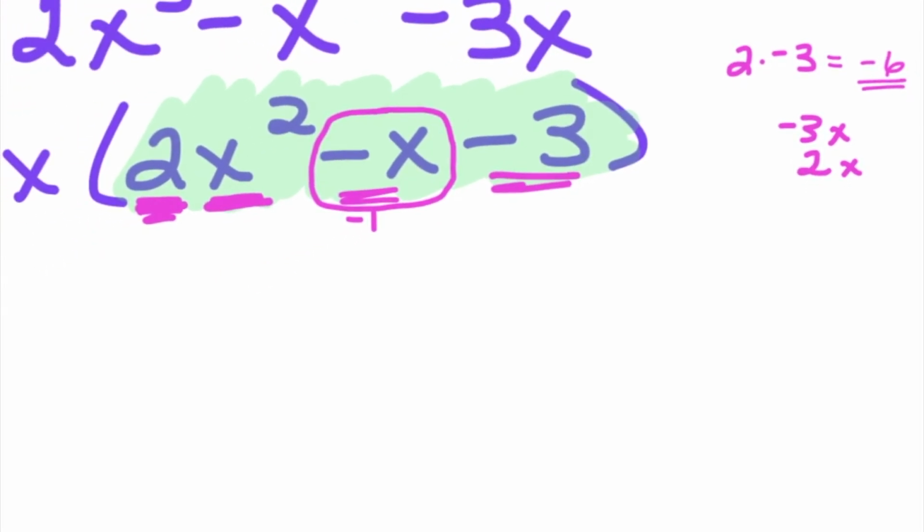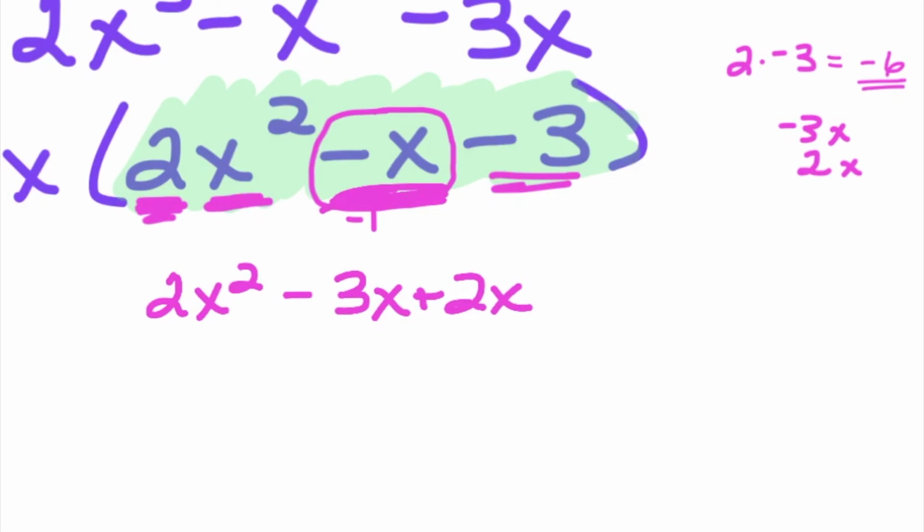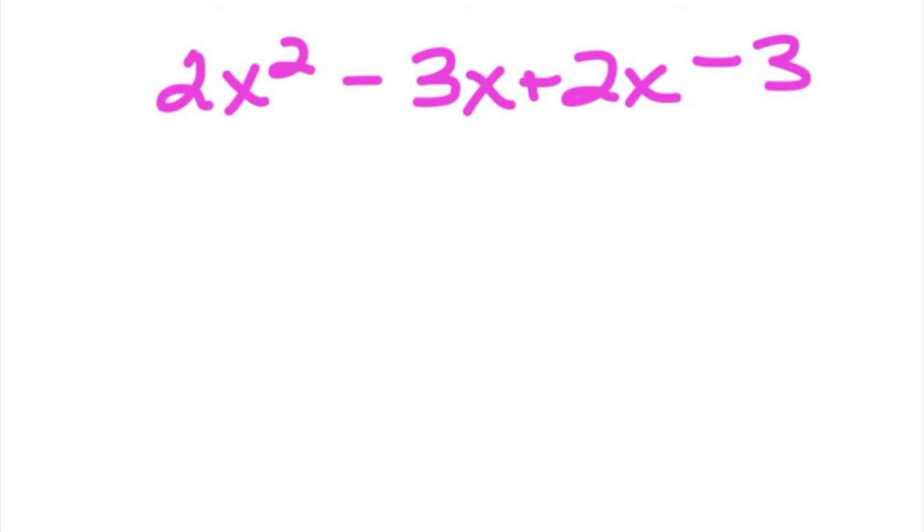And so I'm going to rewrite everything inside the parentheses. I'm going to bring down the 2x squared. I'm going to say minus 3x plus 2x instead of this minus 1x, and then bring down the minus 3. Now I'm going to do grouping, which says look at two terms at a time.